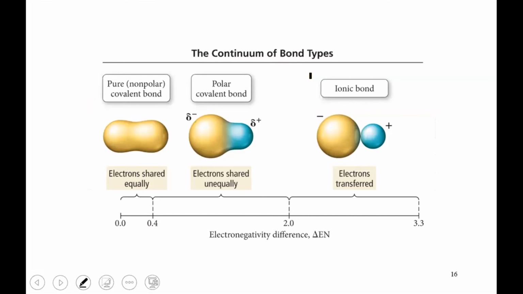And all we're saying is that somewhere in that spectrum, you have some scenarios that we're going to call ionic versus polar versus nonpolar, with the understanding that there's going to be some cases right in between. So it's more of a continuum of bond types as opposed to a rigid, one kind, second kind, third kind, and that's it. All right. So let's go ahead and do one exercise, and then we're going to take a break.